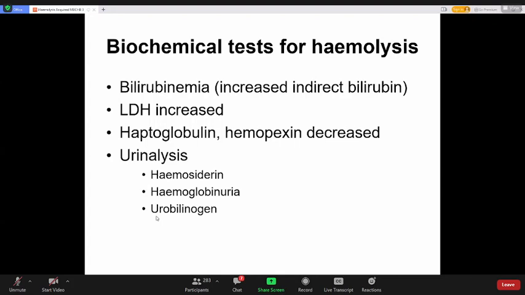So usually in hemolysis, haptoglobin decreases because it complexes with free hemoglobin for excretion.